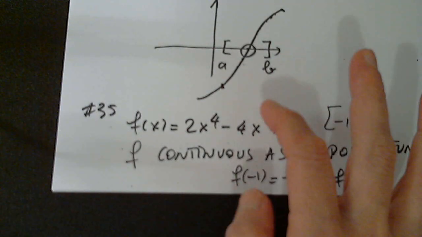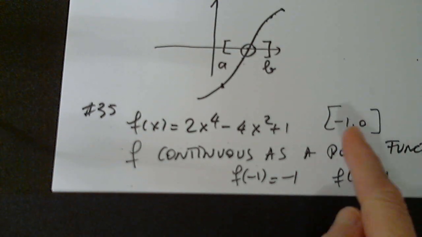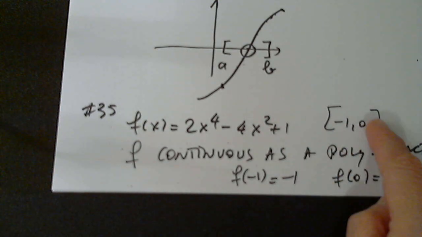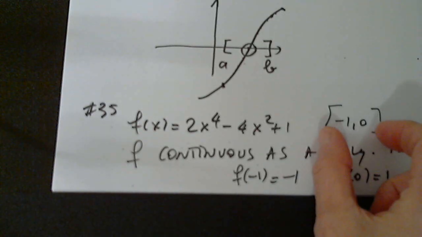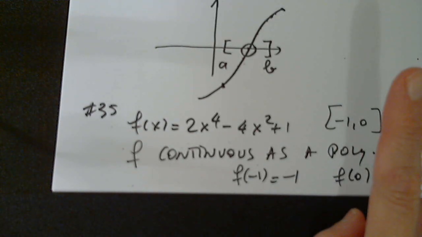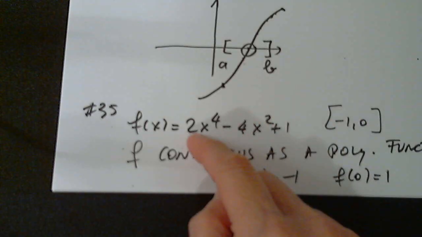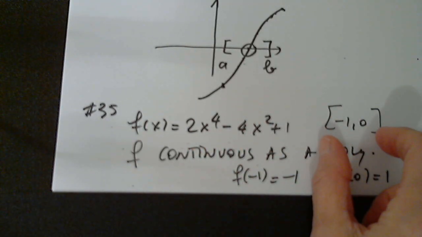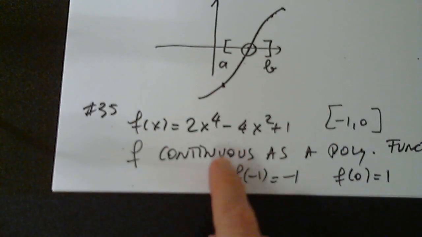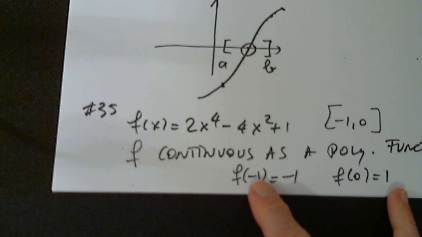So it's a polynomial, it's continuous. At -1, at one end of the interval, it is negative, at the other end it is positive. There must be a solution, at least one solution, or 0, or x-intercept between -1 and 0, because it's continuous and it changes sign.